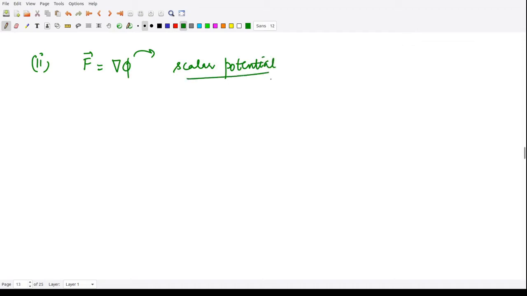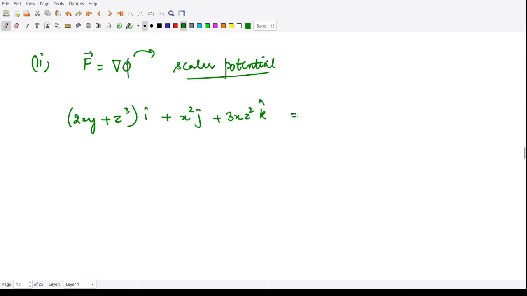So we are to calculate what this phi is. Now we know what F is. F is given to be (2xy plus z cube) i cap plus x square j cap plus 3xz square k cap.